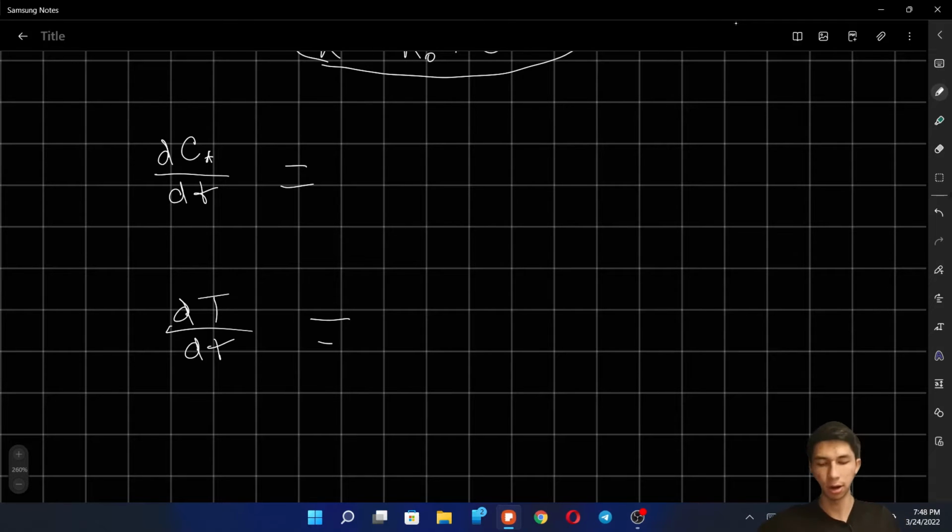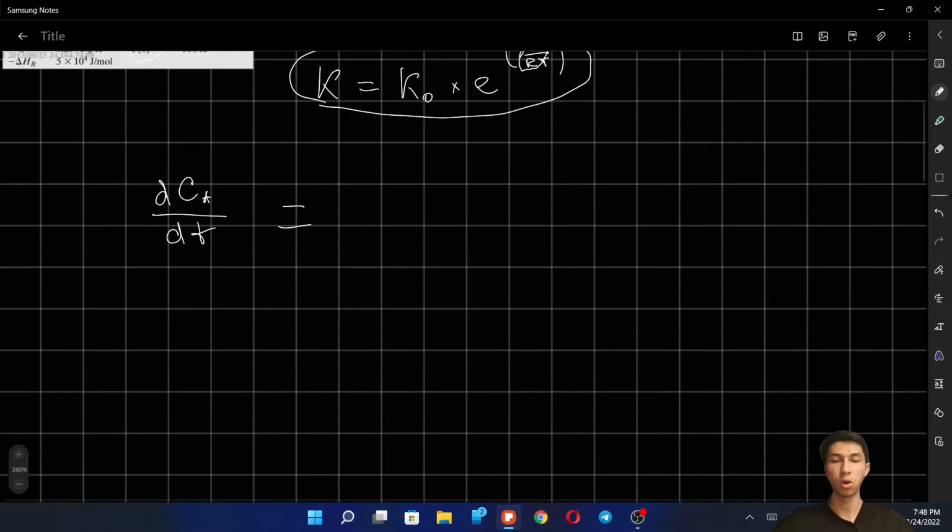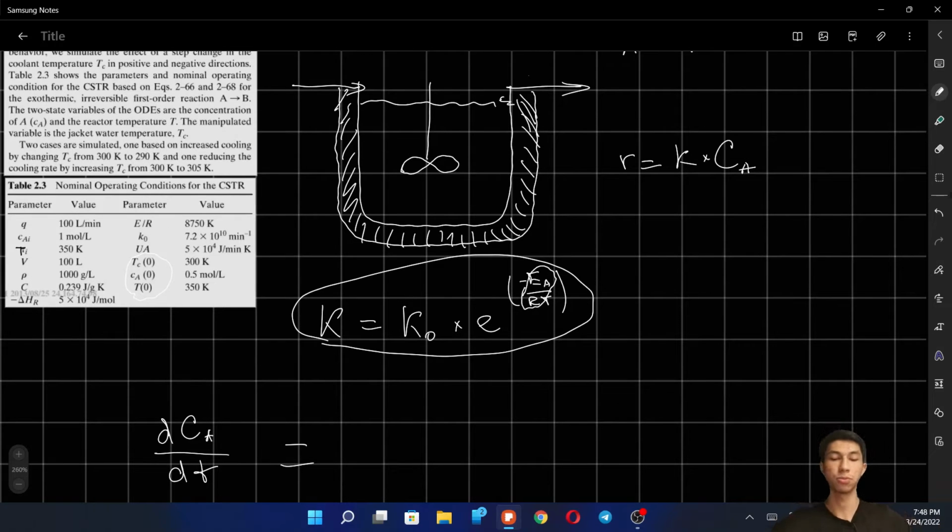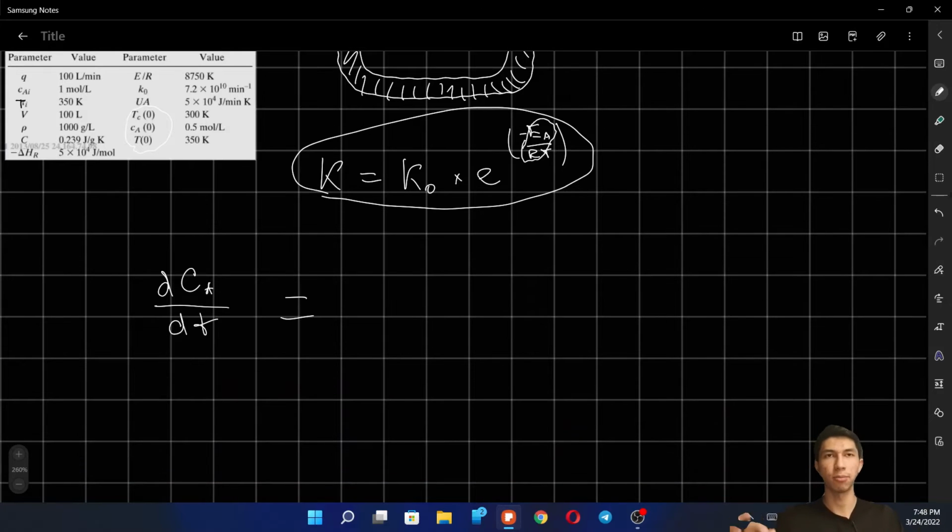Okay, first we can erase this for now, and let's just work with the flow terms and determine our first ordinary differential equation. As we know, in our questions related to flow, we have something that can be applied to everything.